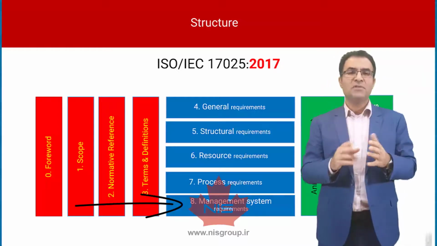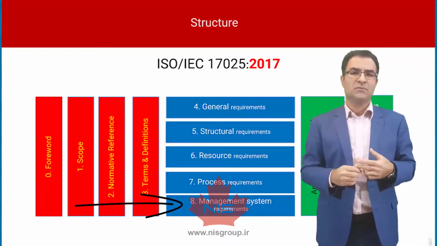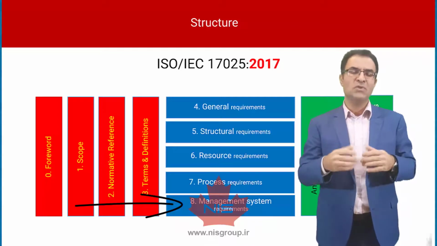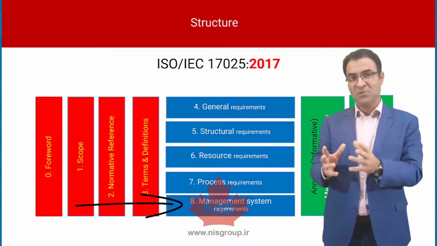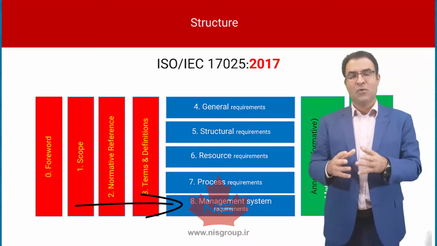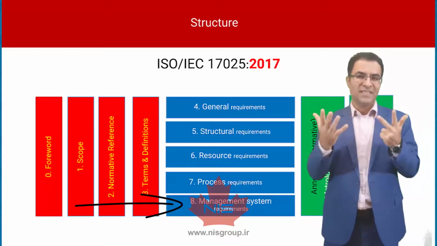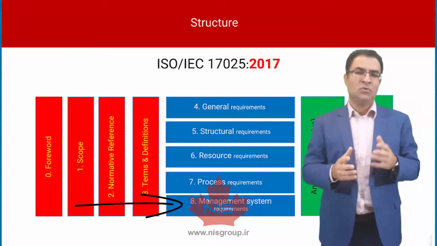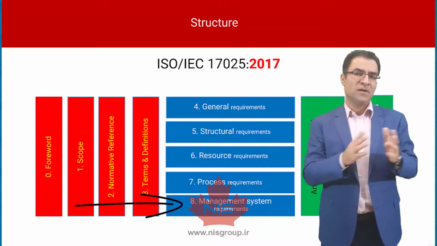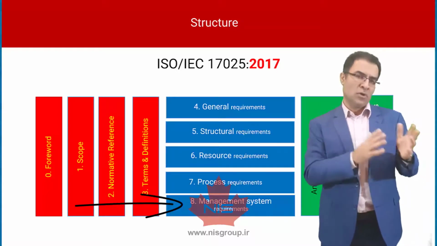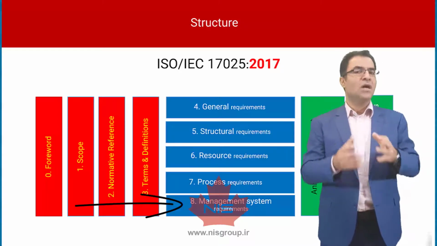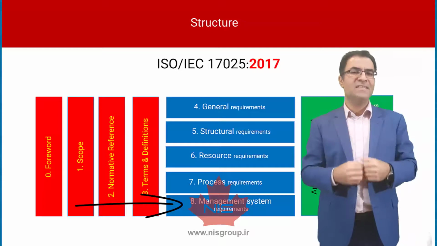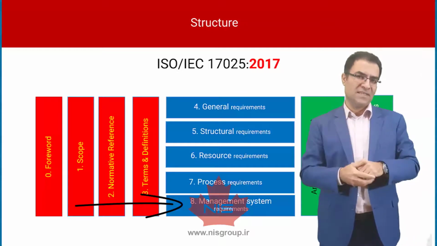If you do not have the time, if you do not have the resources, or for any other reason, if you do not want to go for that big option, you can go for the smaller option, the easier option, which is just covering those 8 topics. So clause 8 just talks about option A and option B. Option A and option B are discussed and detailed in Annex B of the standard.